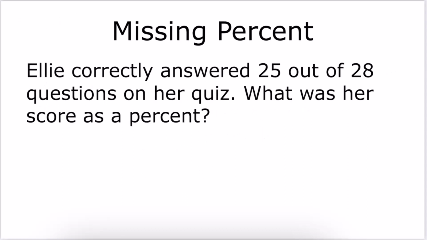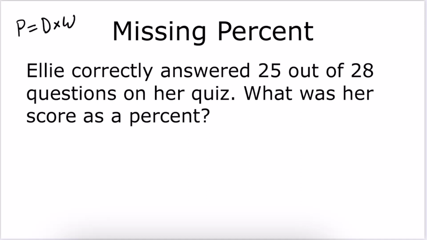You can use a similar method if you're looking for a missing percent. So let's say that Ellie correctly answered 25 out of the 28 questions on her quiz, and we want to figure out her score as a percent. To figure this out, we'll use the equation that the part equals the percent as a decimal times the whole.